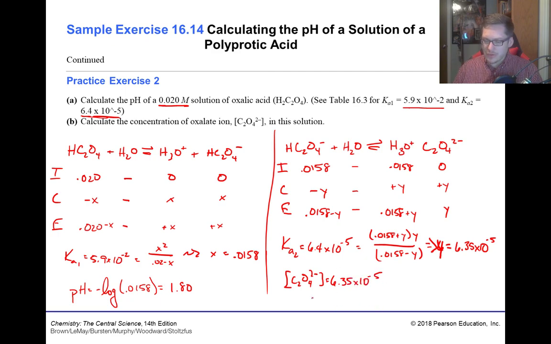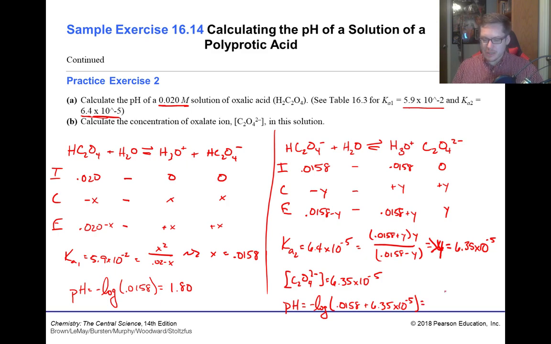Now, just for grins and giggles, we could calculate the pH with this. The pH would be the negative log of our hydronium concentration, so that would be 0.0158 plus our answer, 6.35 times 10 to the minus fifth. Let's just see if we get a different answer.